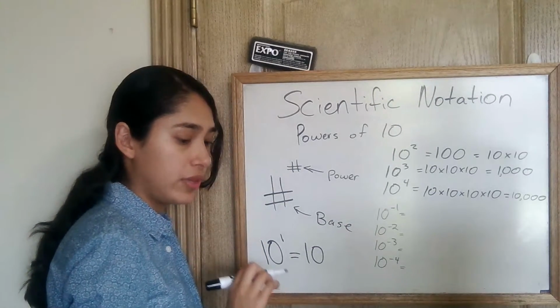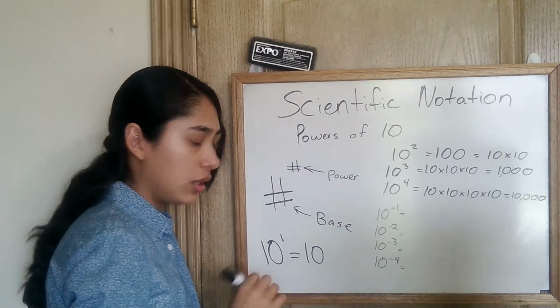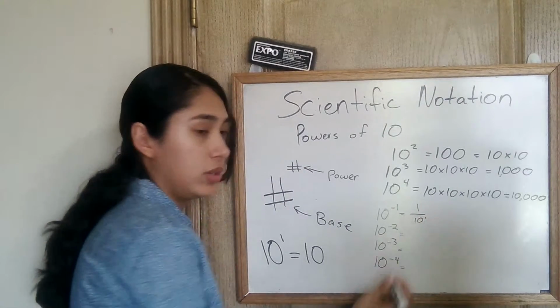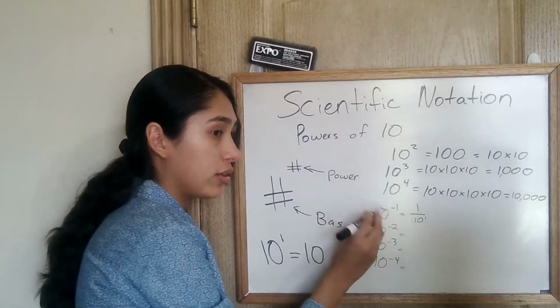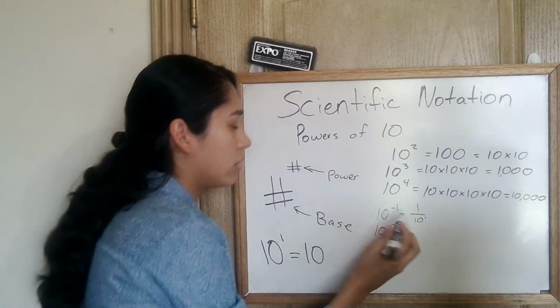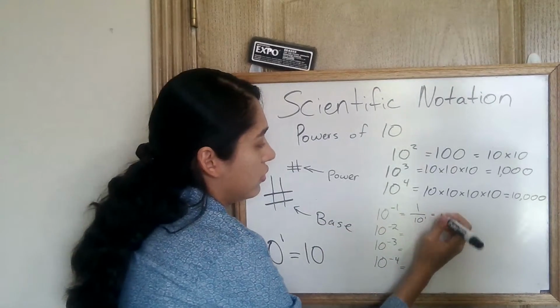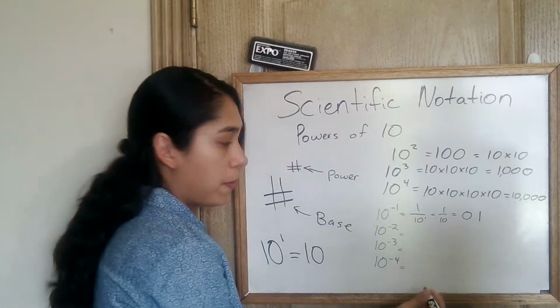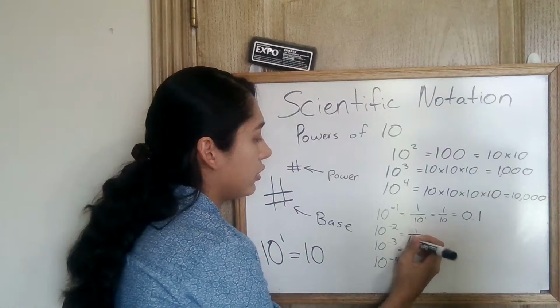So 10 to the power of negative 1, pretty much it's going to be 1 over 10 to the power of 1, knowing that our negative power just turns this into a fraction. The same as 0.1.